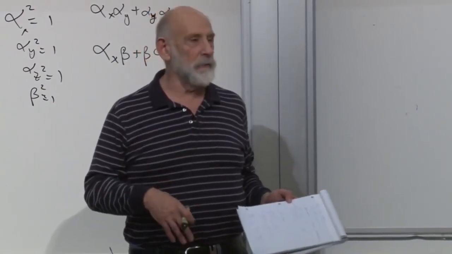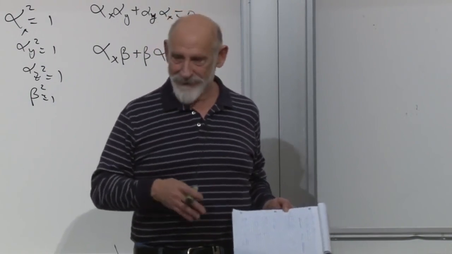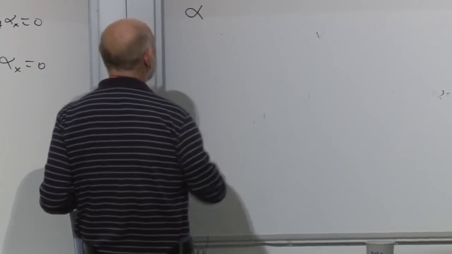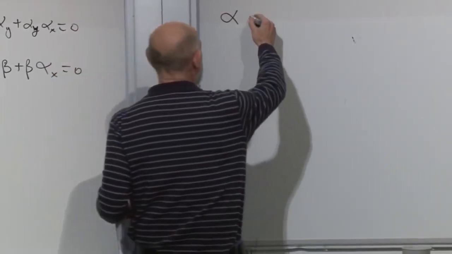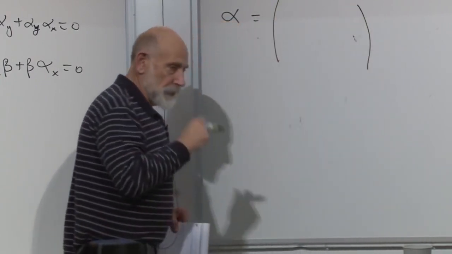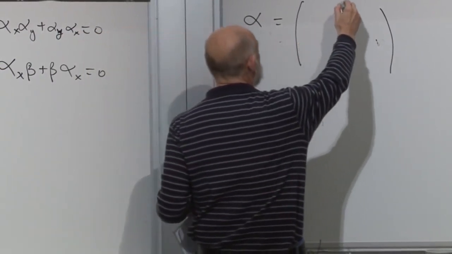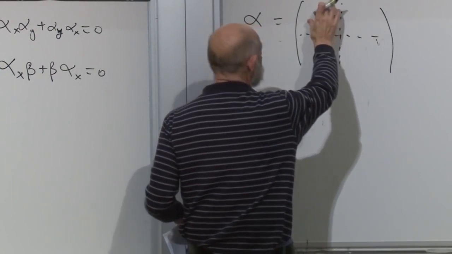This one is called the Pauli representation of the Dirac matrices. Alpha, the three of them, alpha x, alpha y, and alpha z. I'll explain this notation in a minute. These are 4x4 matrices, but they consist of blocks, 2x2 blocks. In each block, there's a 2x2 matrix.